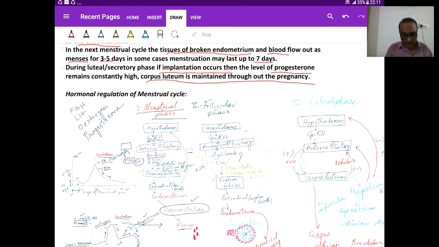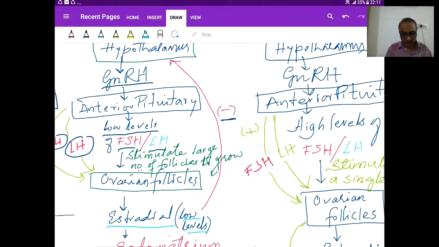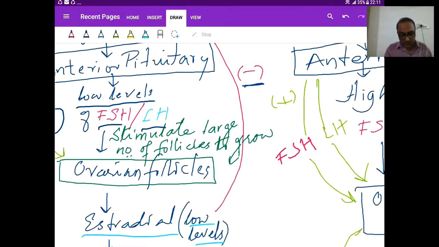And one more thing we have to note here, that the low levels of FSH and LH also stimulate a large number of follicles to grow. So the follicular phase begins and the low levels of FSH and LH stimulate many follicles. Remember that word, many follicles start growing at once. Clear?